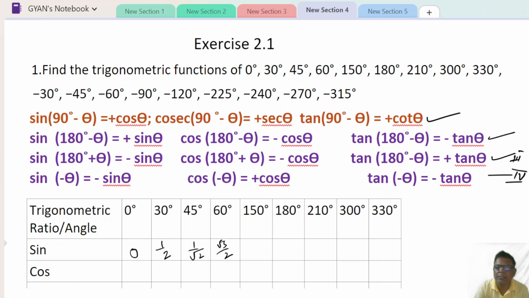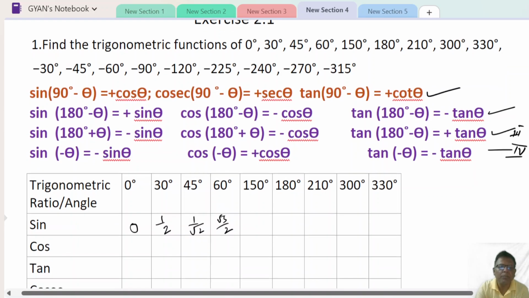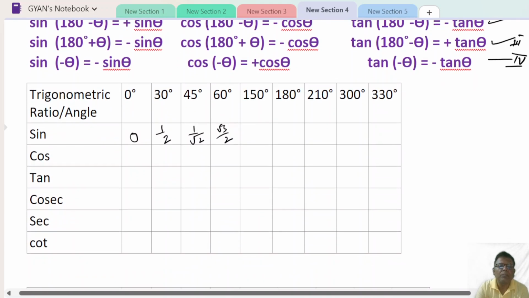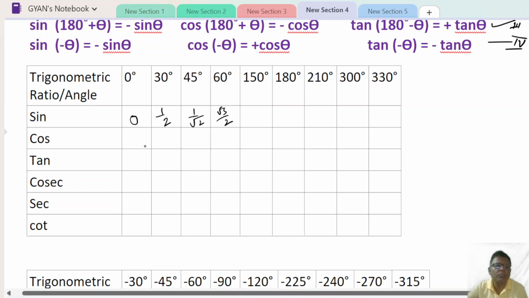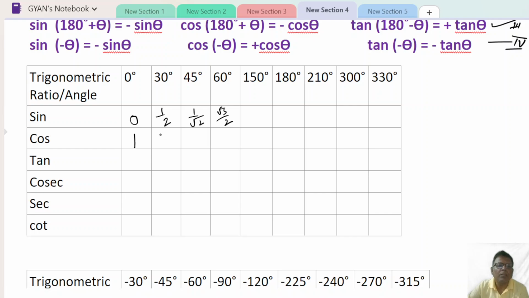First let's complete this table, then we'll go to the next. Cos 0 is 1, cos 30 is root 3 by 2, it will come here. This is again 1 by root 2, this is half.